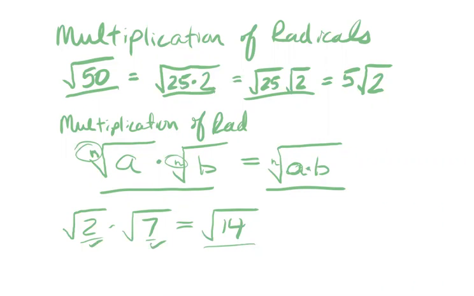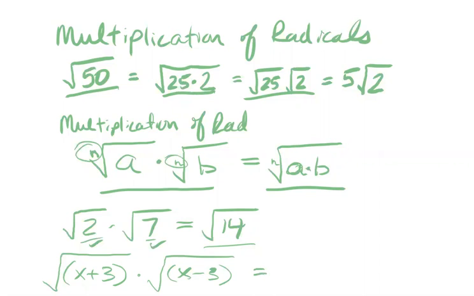And this applies with expressions as well, like x plus 3, right? So if I'm going x plus 3 times the square root of x minus 3, and those parentheses are mine, they don't necessarily have to be there. As long as they're both square roots, which if there's nothing written, we assume that's a 2 there, then this would be the square root of the product of x plus 3 times x minus 3, which of course is a product of a sum and a difference.